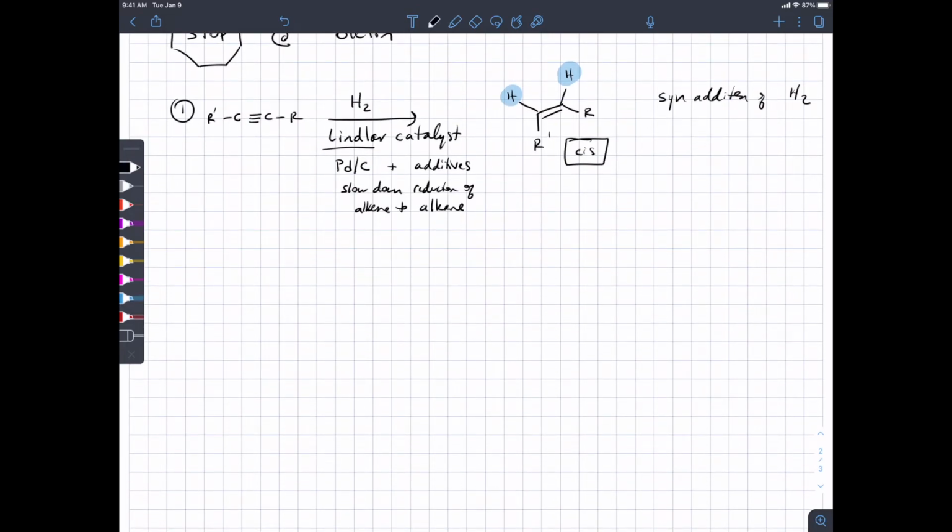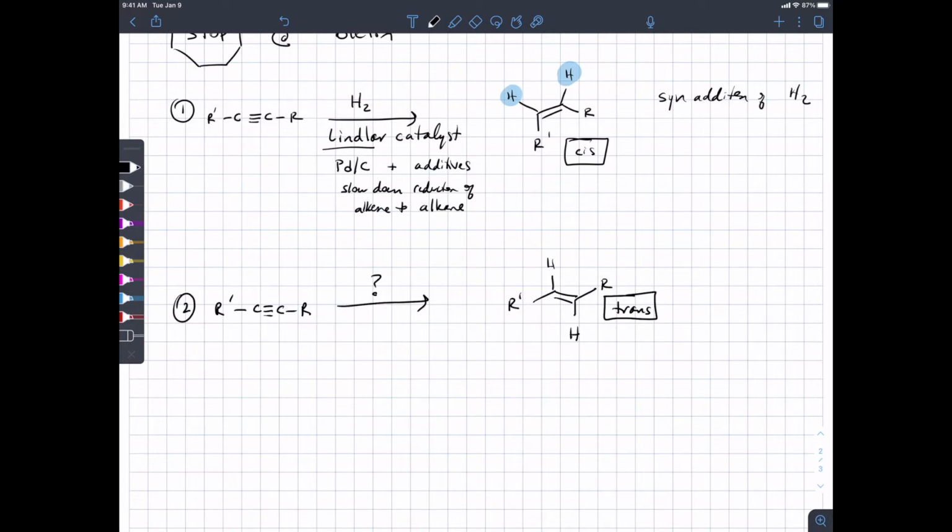Now, if we can make the cis olefin, one question would be, can we then take the same alkyne and instead get the trans olefin, where the hydrogens are added to opposite sides? And the answer is yes.